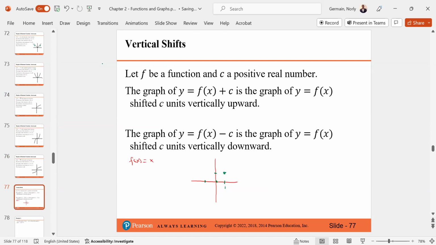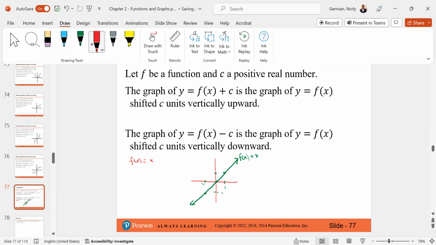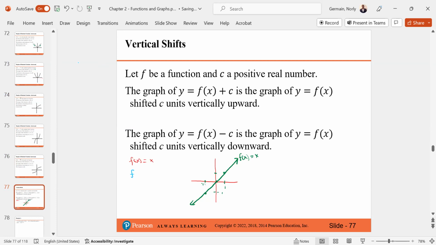If x is -1, y would be -1. So we could graph that. This is f of x equals x. Now, let's suppose you want to do f of x equals x plus 1. You need to shift your graph vertically 1 unit up. That means if x is 0, y would be 1.